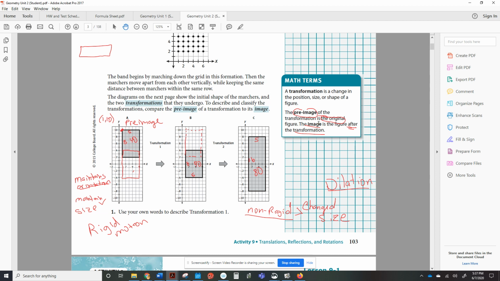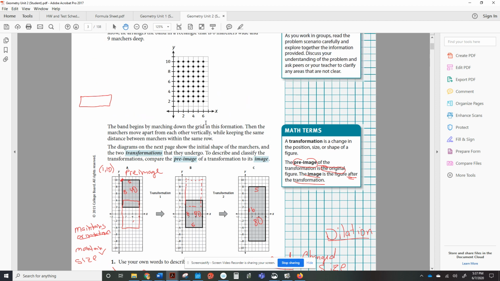I also want to mention, of all of the lessons that you are going through this semester, in my opinion, and I haven't yet gone through the final, but transformations is probably the most heavily weighted section on the final.